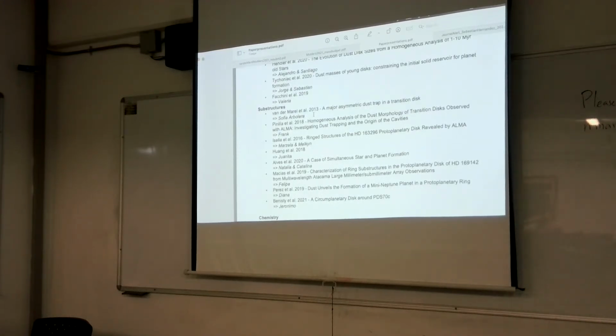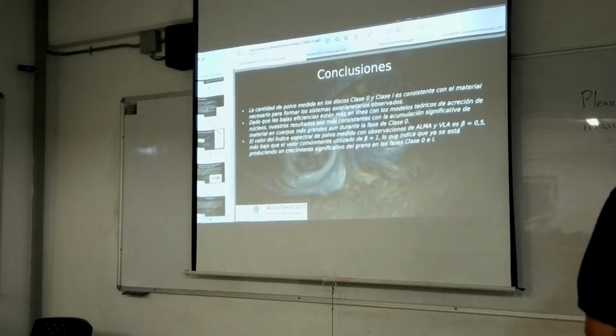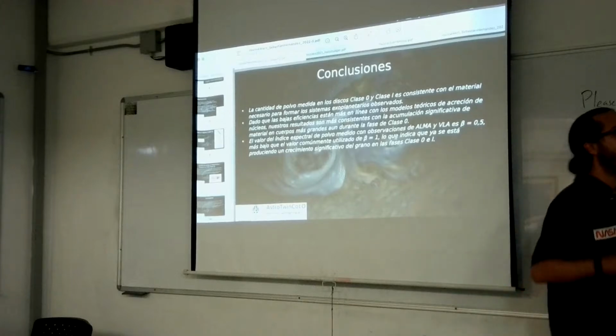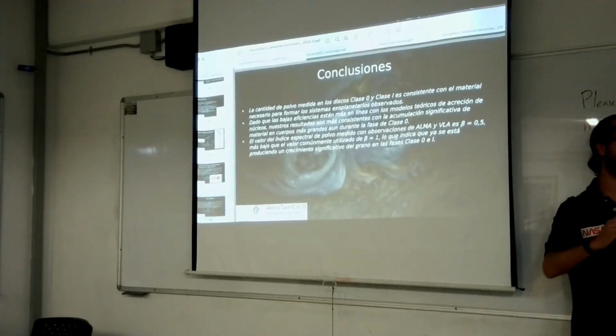Then I have a question for Sebastian. Why is there a difference between dust masses calculated with VLA measurements and ALMA measurements? Are they measuring something different? They assume different kappas and betas. Because one is for 9 millimeters, and so they explain.